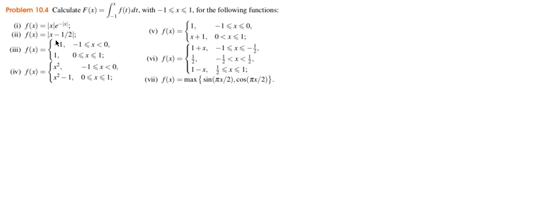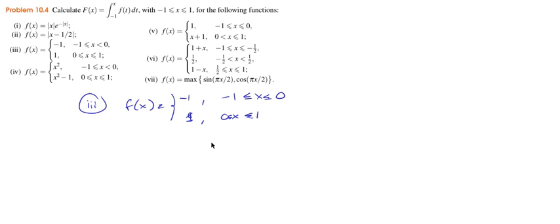Okay, part 3. This f is minus 1 if x is between minus 1 and 0, and 1 if x is between 0 and 1. So again, if x is less than 0, the primitive is going to be the integral between minus 1 and x of minus 1, and this is minus x between x and minus 1.